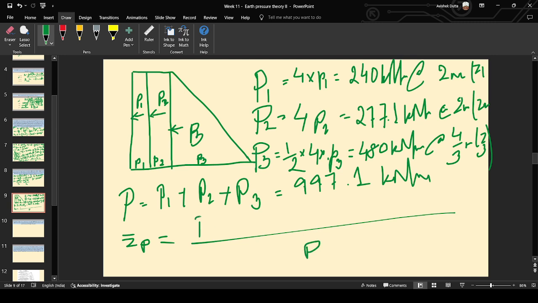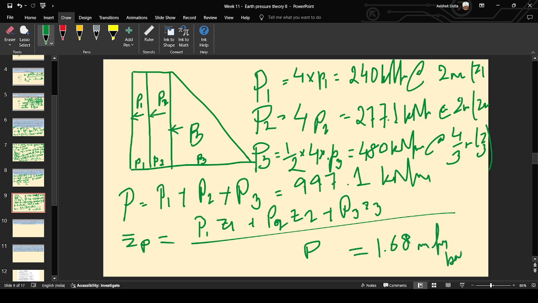Total pressure times Z bar equals P1 Z1 plus P2 Z2 plus P3 Z3. That gives us a value of approximately 1.68 meter from the base. That means if this is 2, this is 1.33, and it is approximately 1.68 here where P is acting.